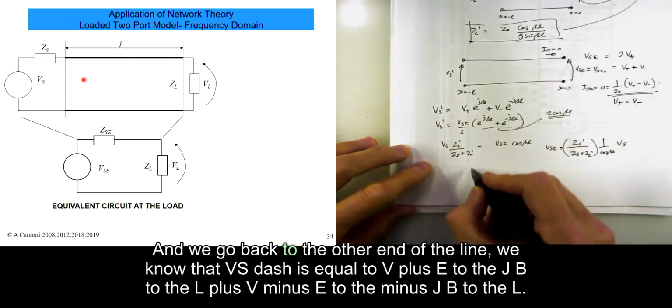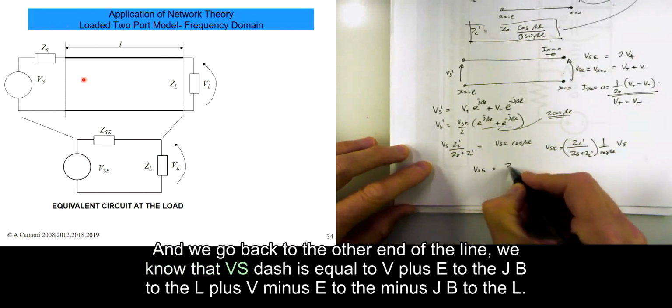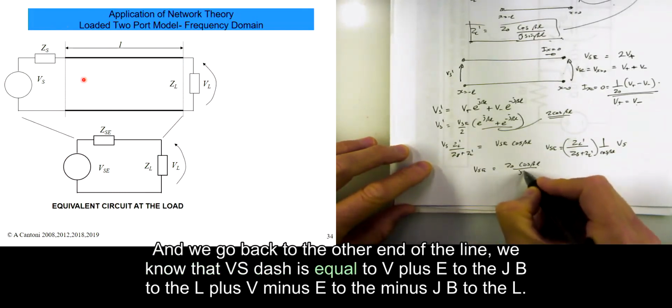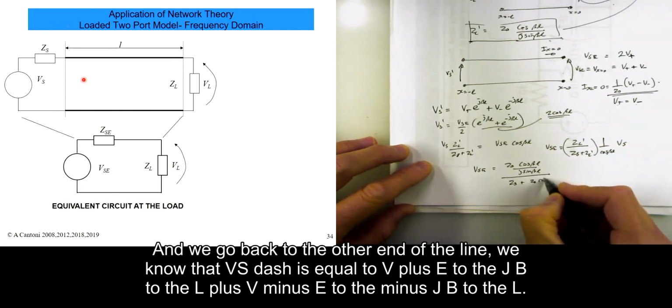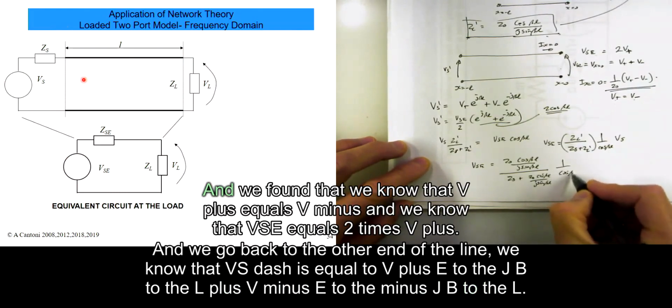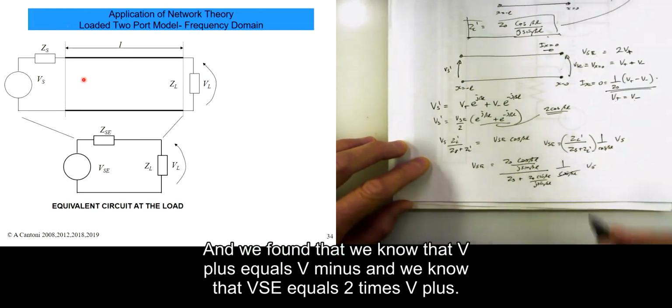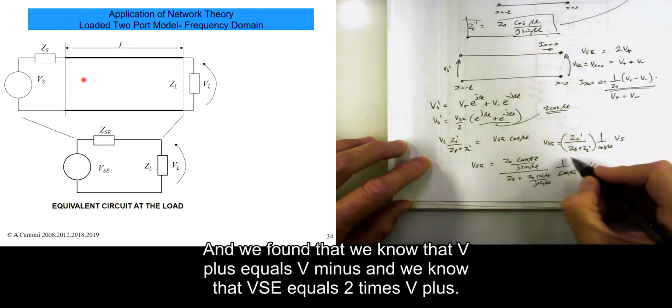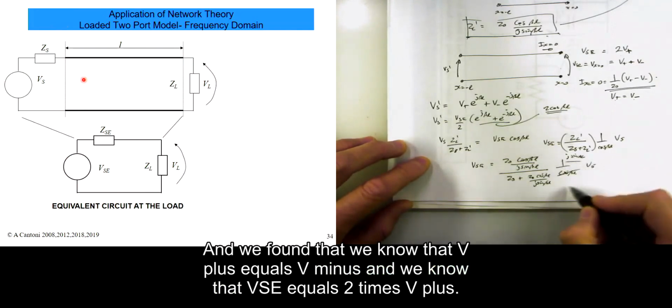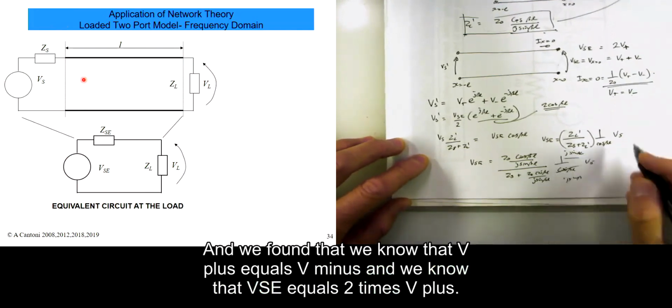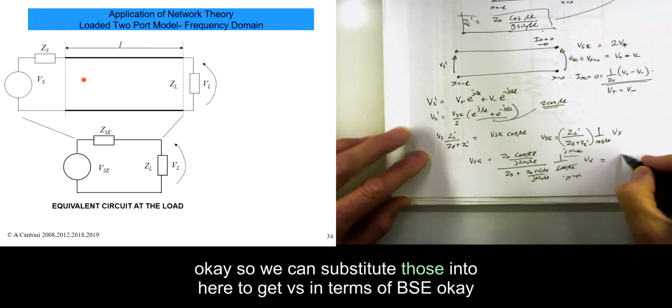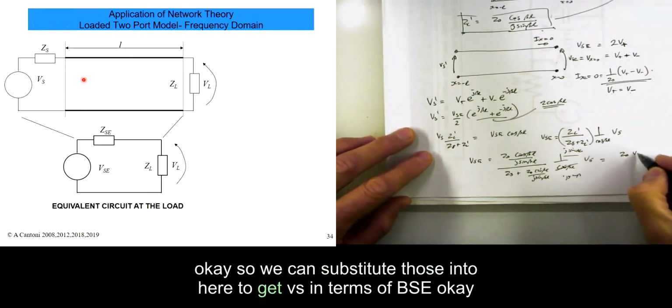Now we go back to the other end of the line. We know that VS dash is equal to V plus e to the J beta L plus V minus e to the minus J beta L. And we know that V plus equals V minus, and that VSE equals 2 times V plus, so we can substitute those in to get VS dash in terms of VSE.